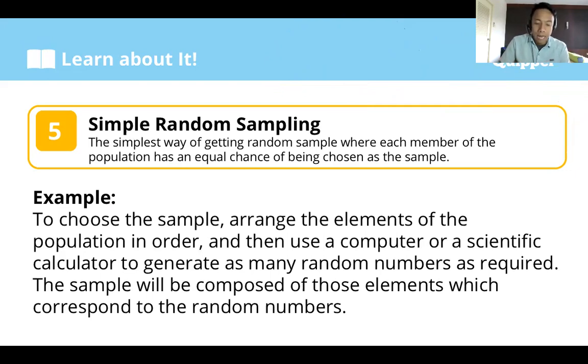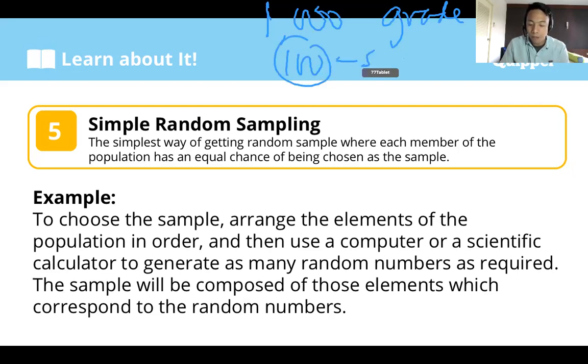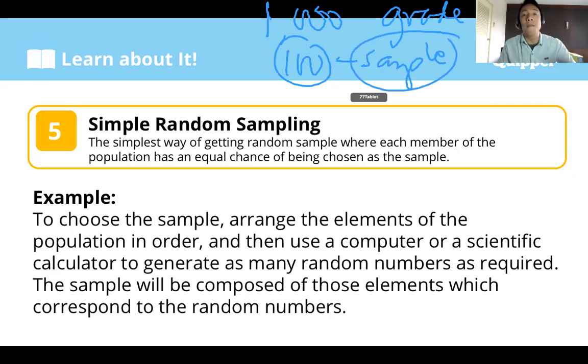For example, ang target mo lang, instead of 1,000 grade 10 students na nasa isang school, you will just find only 100 samples. Pero paano mo makukuha yung 100 na yan? So these are some ways to find those 100. The first one is the simple random sampling.